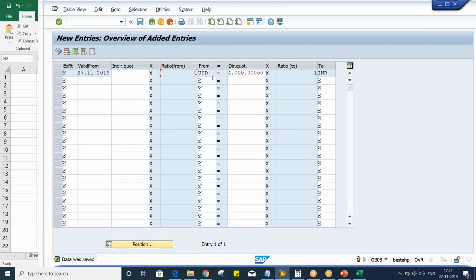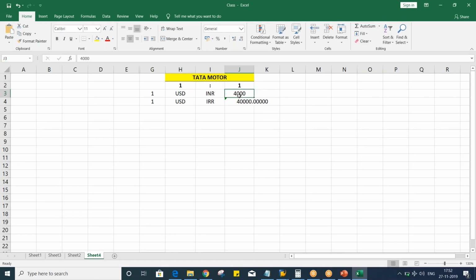Here 1 USD equals 4,000 Indian currency, but the requirement is 1 USD equals 40,000 Indian currency. So this translation ratio is going to be changed here, USD and INR, so the translation ratio is 1 USD versus 10 Indian currency.